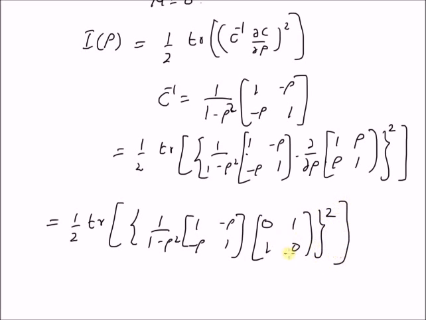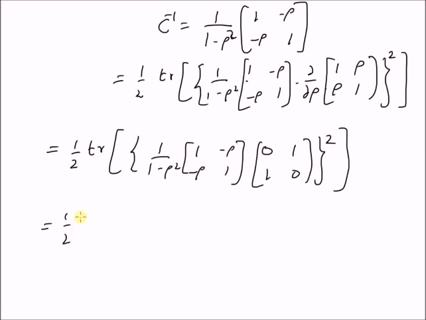And we have the square of the matrix, which is equal to 1 by 2 trace of the product of these two matrices, given by: 1 into 0 is 0, so we have minus rho into 1, which is the first term, and then 1 into 1, so the second term is 1, and similarly the third term is 1 and the final term is minus rho.